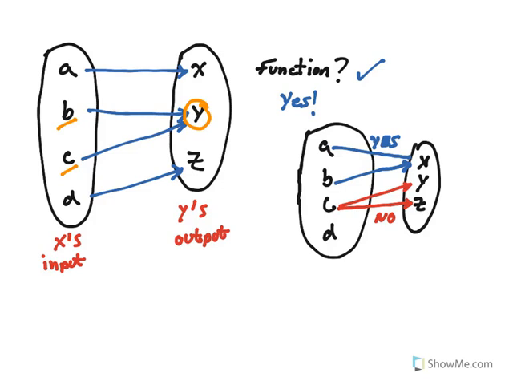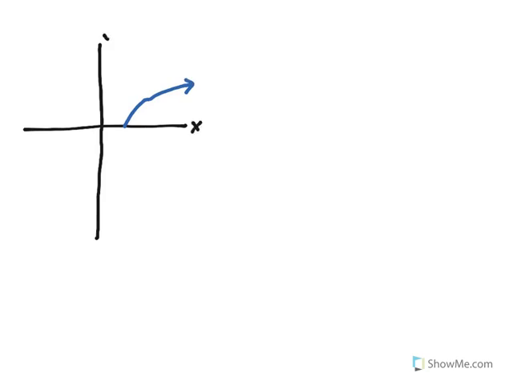Another cool thing with this is that if you have a graph and you want to know if it's a function, so let's say you just had this as a graph, and this is your x, and this is your y.